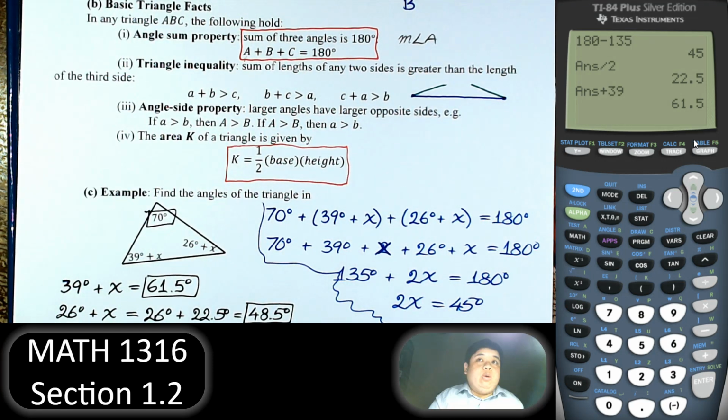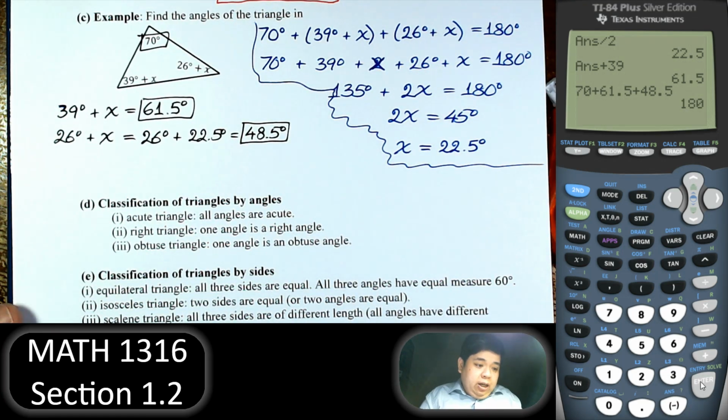Okay, 70 plus 61.5 plus 48.5 is 180 degrees. So that's good.